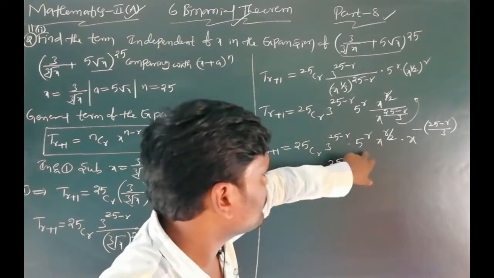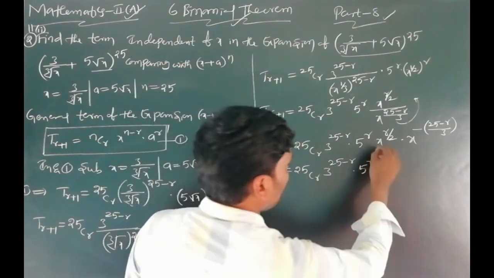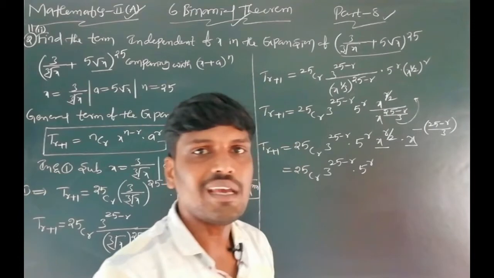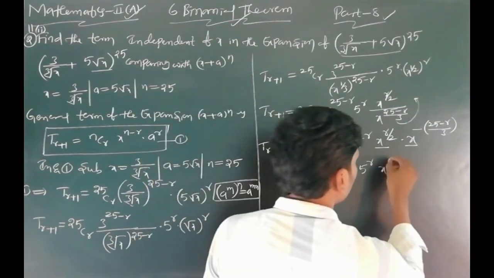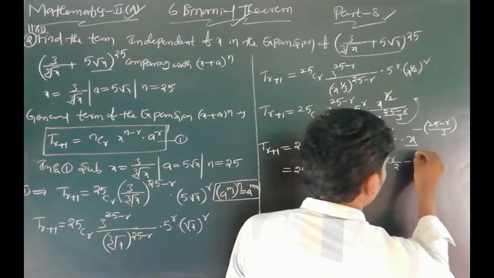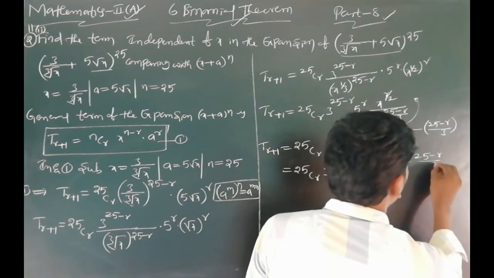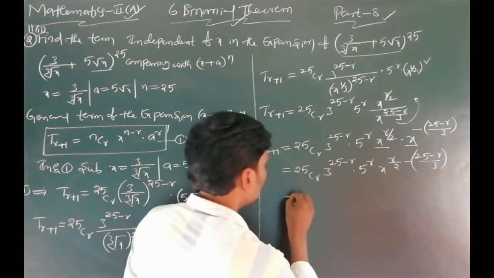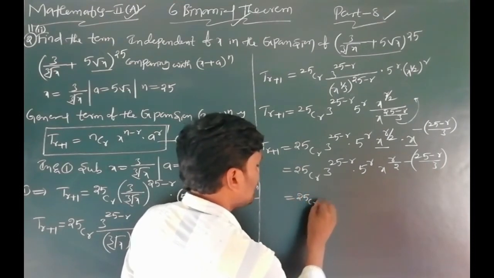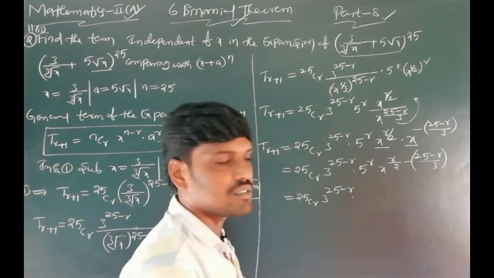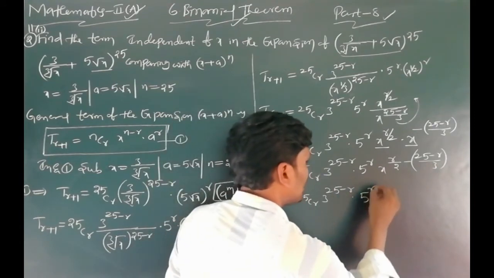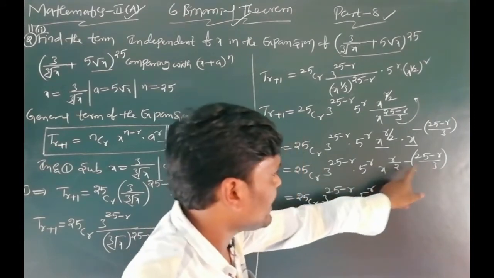After that, 25Cr 3 power 25 minus r 5 power r: these three terms are constants. Here the bases are equal, so the powers should be added. What is the power of the first one? R by 2 minus 25 minus r by 3. Here take the LCM.